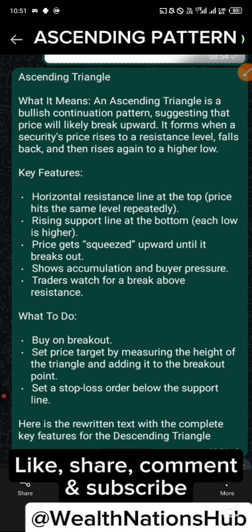The key feature: a horizontal resistance line at the top and a rising support line at the bottom. Price gets squeezed upward until it breaks out in a bullish direction, which shows accumulation and buyer pressure. A trader watches for a break above resistance.